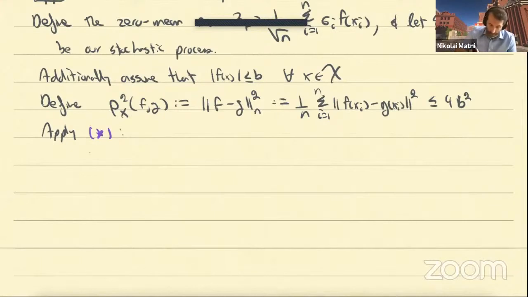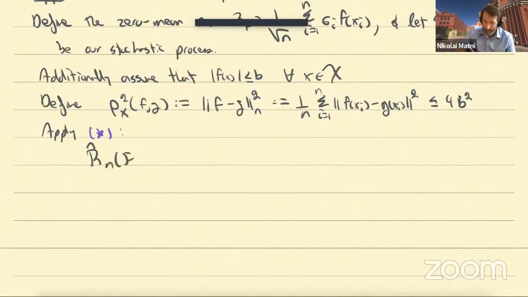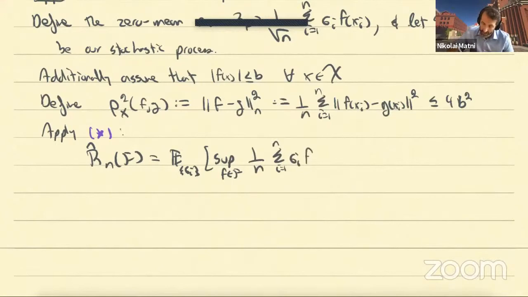I have that my empirical Rademacher complexity of F is equal to the expected value with respect to the sigma i's of the supremum over f in F of 1 over n sum over i equal 1 to n sigma i f of x_i.